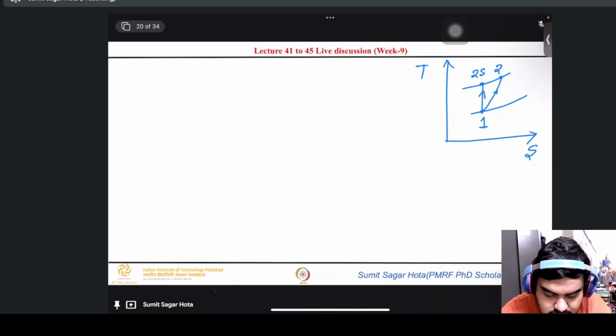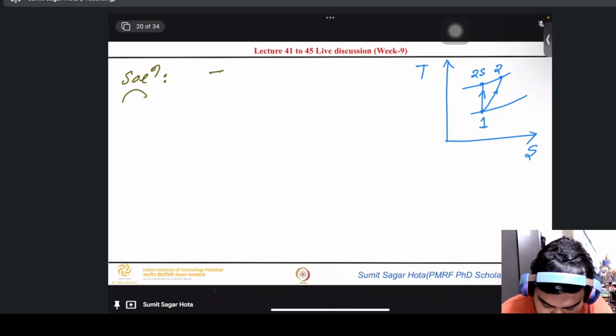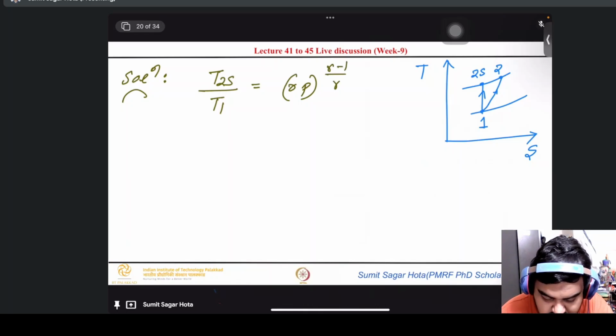Okay, so what is the T2? Let's do the solution. T2 by T1 is equal to Rp to the power gamma minus 1 by gamma.